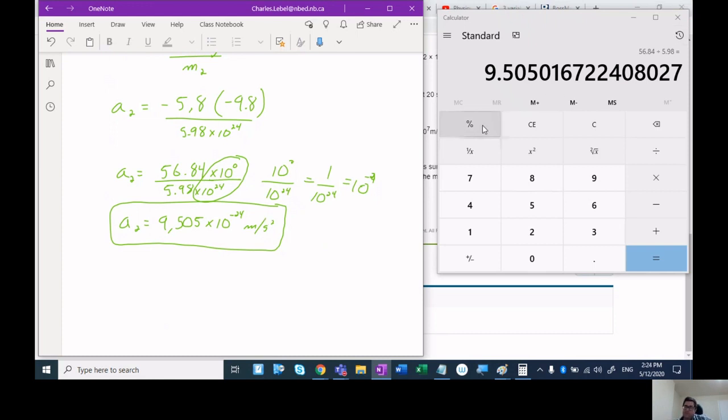The speed will start, the Earth will start moving by that amount. Meter per second squared. So you will change the velocity of the Earth slightly.